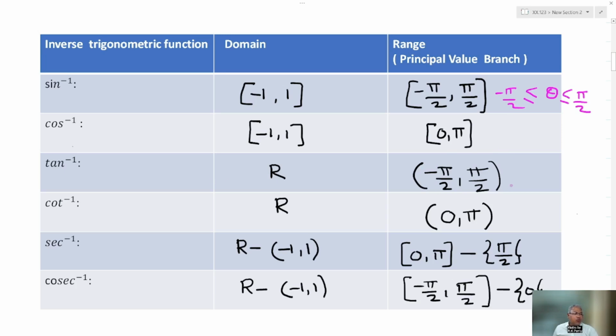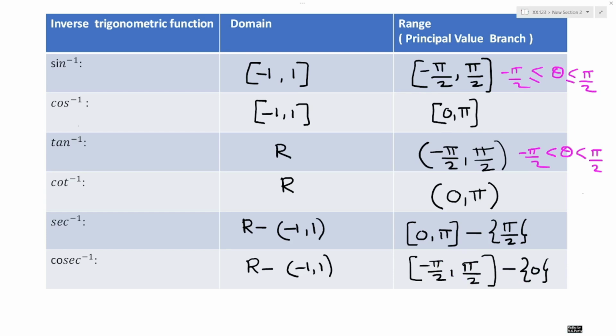For tan inverse, it is the open interval, that means theta is greater than minus pi by 2 and less than pi by 2. For cot inverse, it is 0 to pi. For sec inverse, it is the closed interval 0 to pi minus pi by 2, and for cosec inverse, it is the closed interval minus pi by 2 to pi by 2 minus 0.